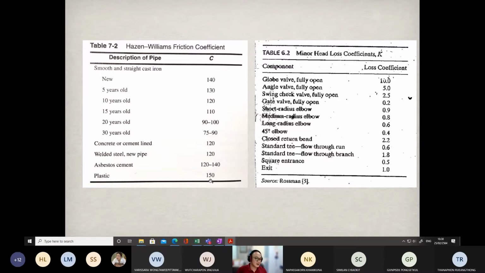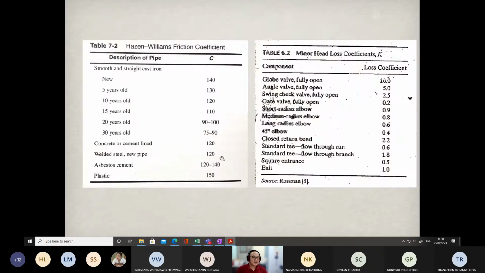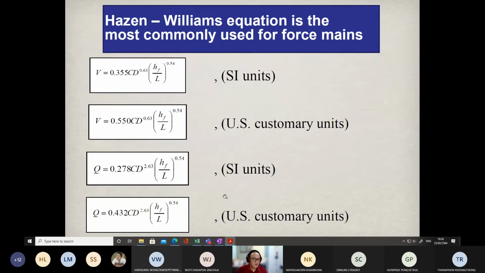For plastic, the wall is smoother, so the C is 150. For ductile cement, it's between 120 to 140. So you can pick these Hazen-Williams coefficients and substitute them into this equation.